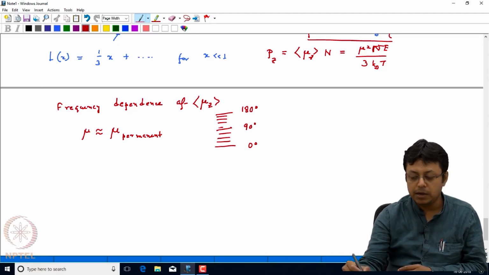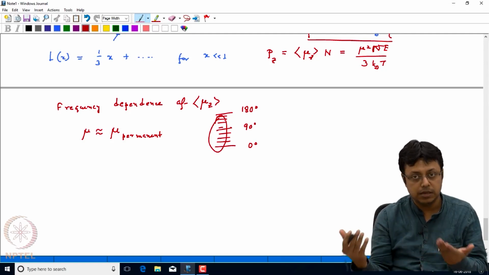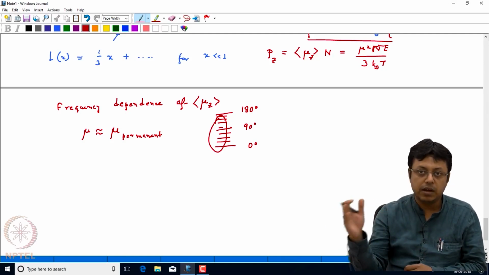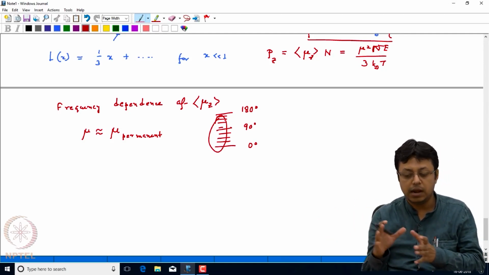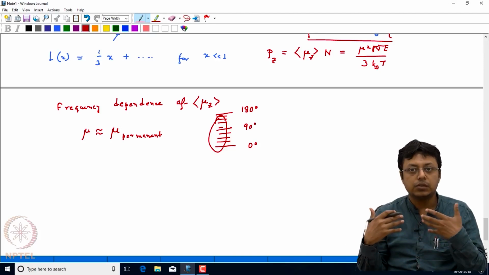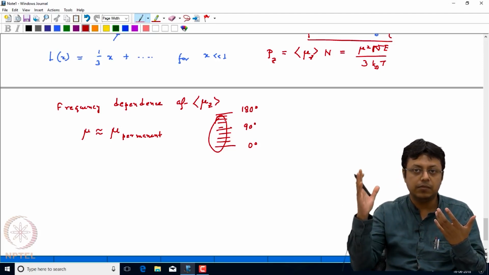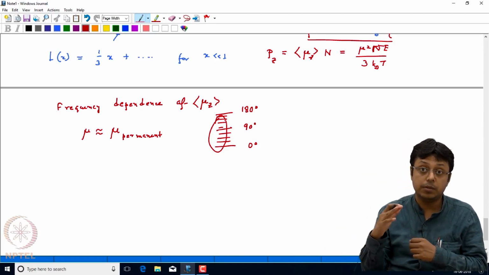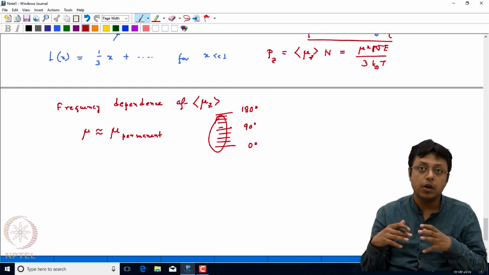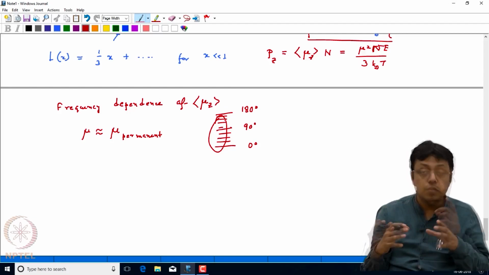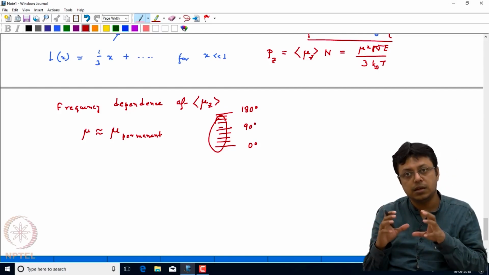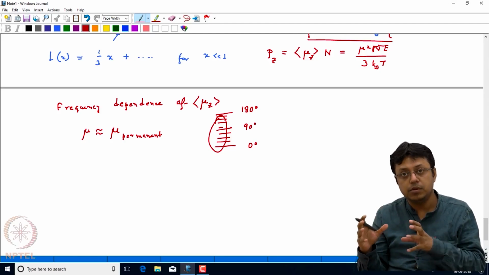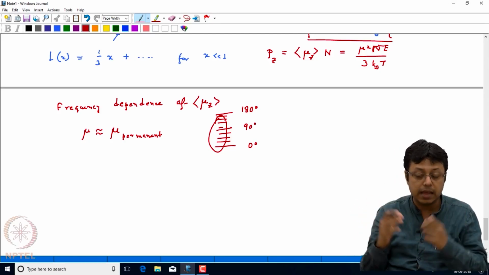They populate all these states according to the Boltzmann distribution defined for a particular temperature that we had calculated. Since different states have different z components of the dipole moment, we can calculate the overall macroscopic dipole moment, which is a macroscopic average of all these tiny little electric dipoles oriented at different angles.